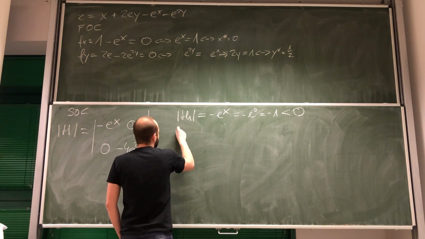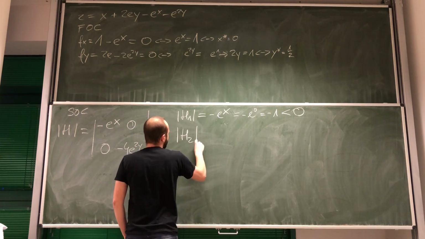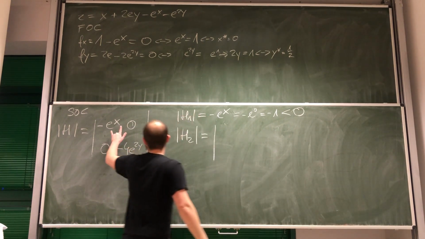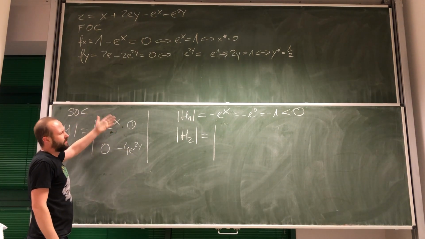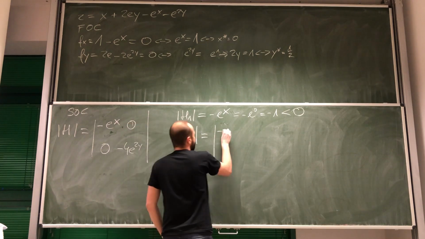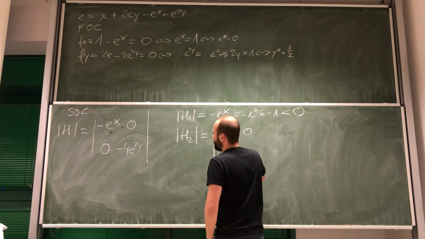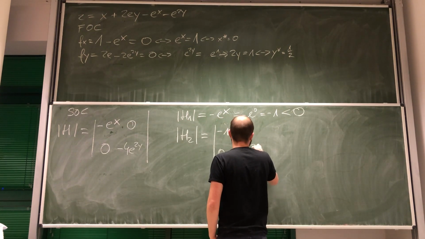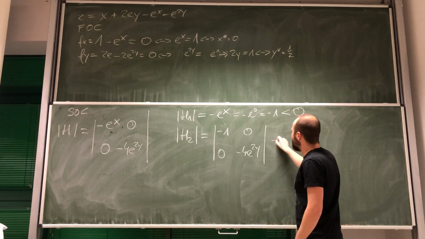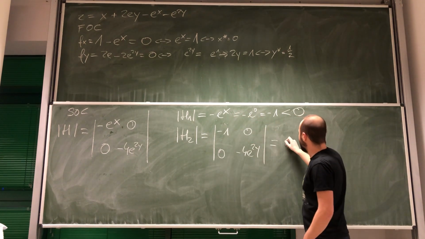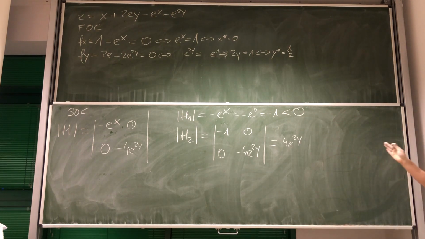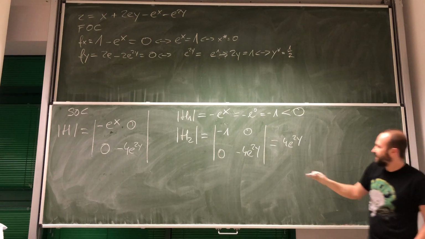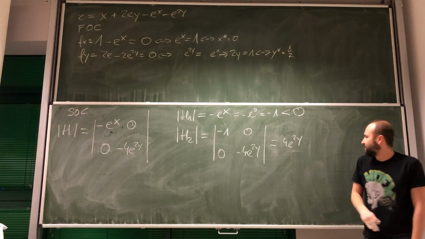Now, let's calculate the rest of the Hessian. So now we calculate h2. Instead of this, again, I'm going to write just negative 1. We've got 0, 0, negative 4e to the power 2y. If I multiply those, I'm getting that this is 4e to the power 2y. Again, even at this moment, I already see that this is positive, right?